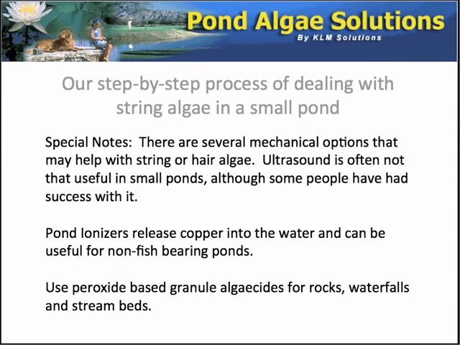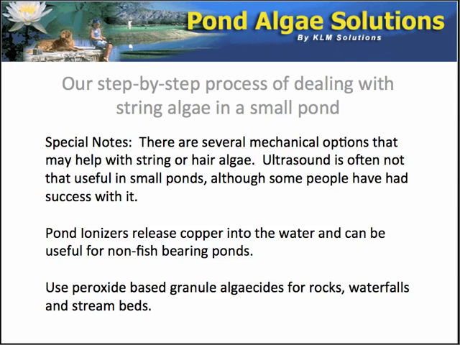We also will use peroxide-based granule algicides for rocks, waterfalls, and stream beds. In many cases, plants in the pond body as well as bacteria in the pond body will not help concerning rocks, waterfalls, and stream beds. So we usually use a peroxide-based product, something like Algae Off, to apply directly on the algae. This works great as a spot treatment, but we do not use it for broad control.